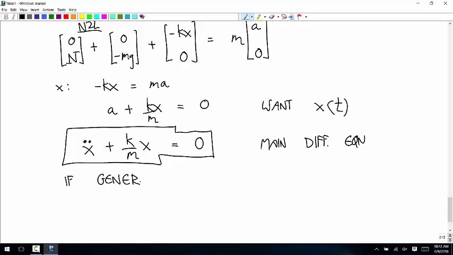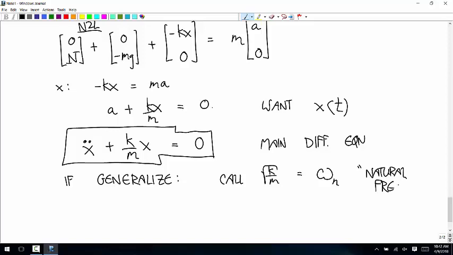Not all systems that oscillate have a spring constant and a mass in them. So we're going to call the square root of k over m, you'll see why in a minute, omega sub n, and we're going to call that the natural frequency.